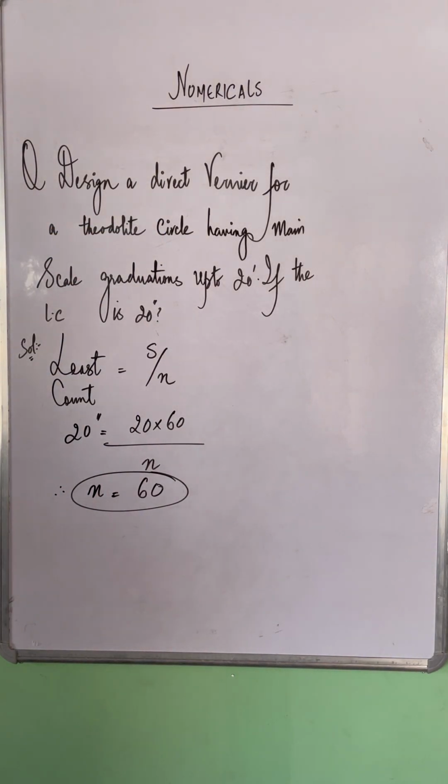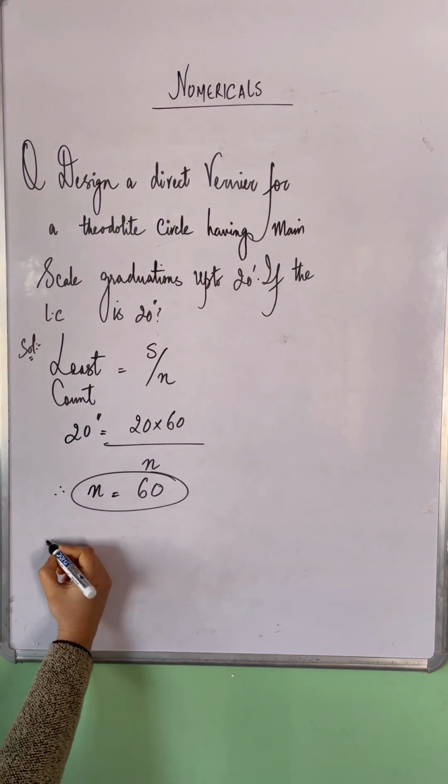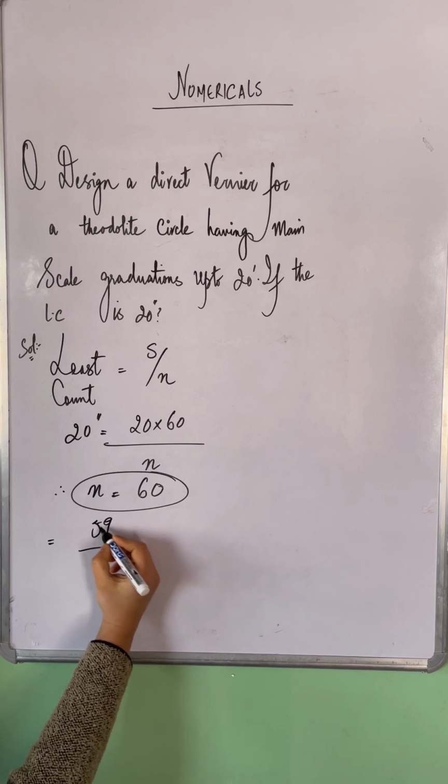As we know that in a direct vernier, N divisions on the vernier scale equal N minus 1 divisions on the main scale. That means 60 divisions will correspond to 59 divisions on the main scale, right?